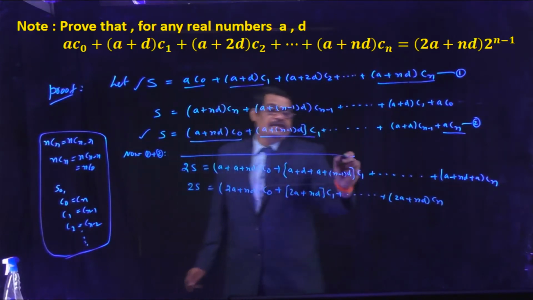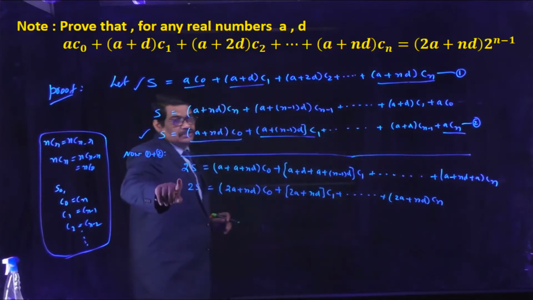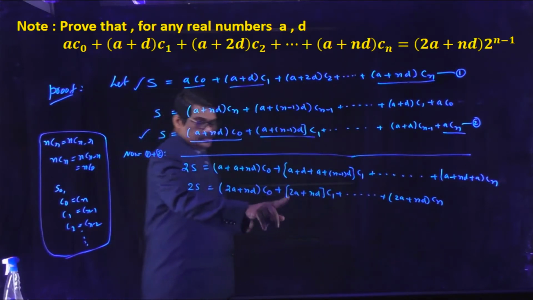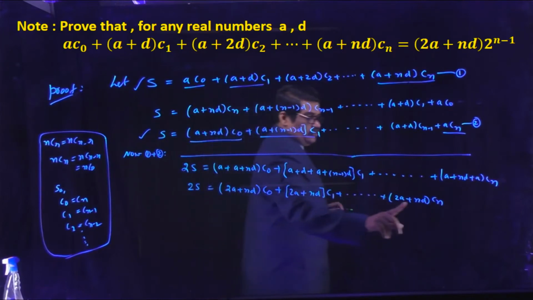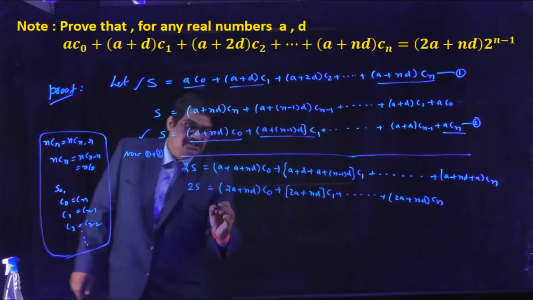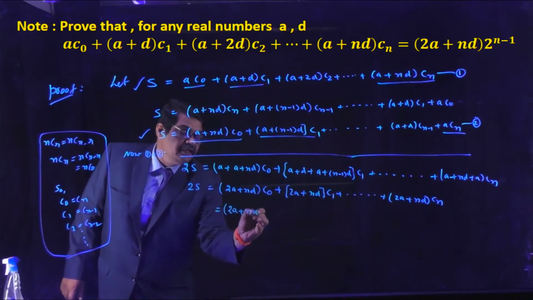Now adding equations 1 and 2, we get 2S is equal to 2A plus nd C naught, 2A plus nd C1 and so on, 2A plus nd Cn. In the RHS, 2A plus nd is common.